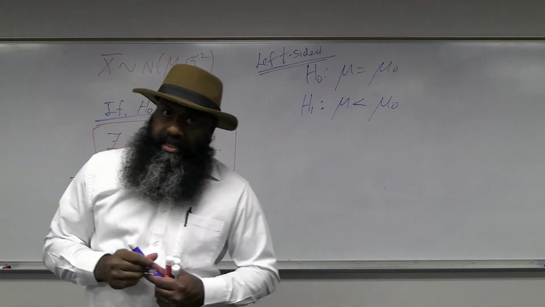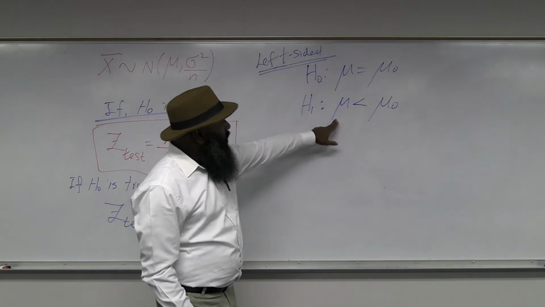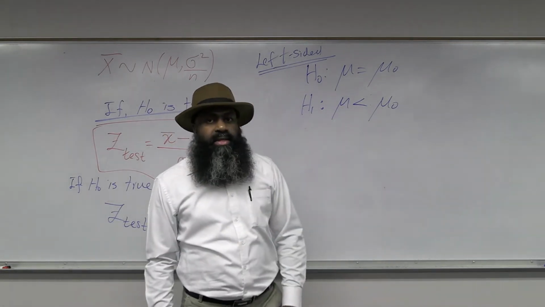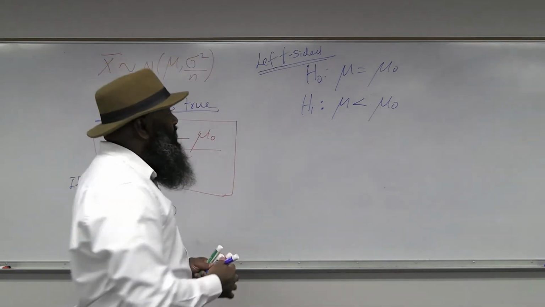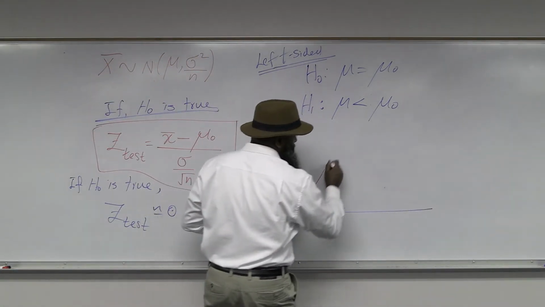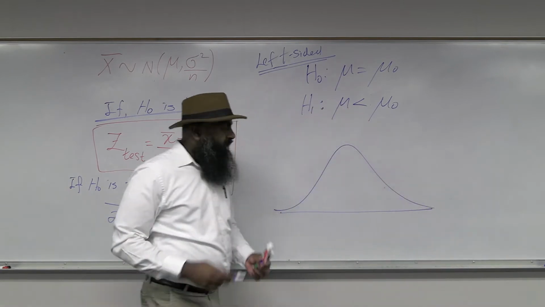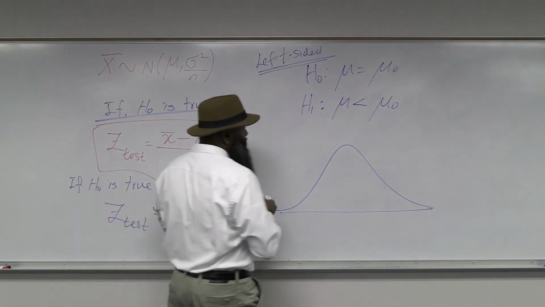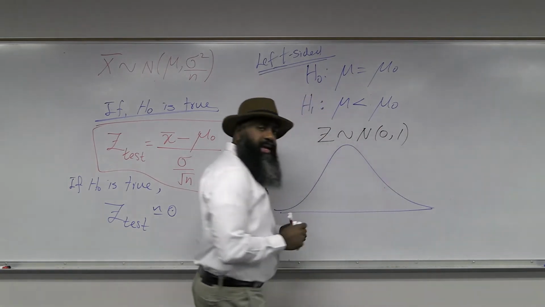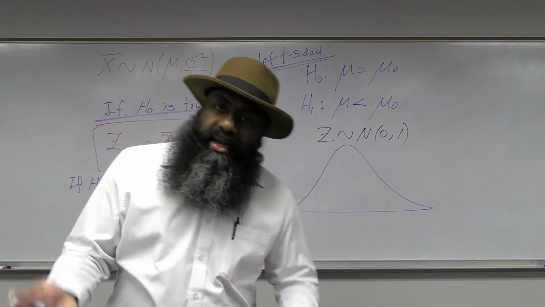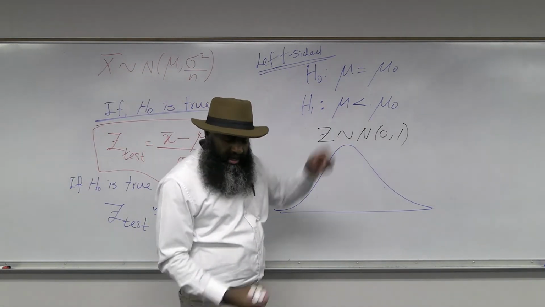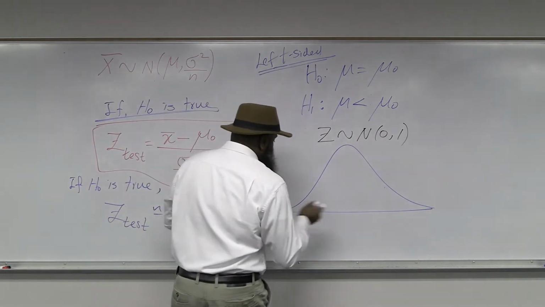For a left-sided test, I have mu is less than mu0. Just like the earlier case, since this is a left-sided test, I have to once again go back to the standard normal distribution, Z, Normal(0, 1). This time I will keep complete alpha on the left tail because it's a left-sided test.